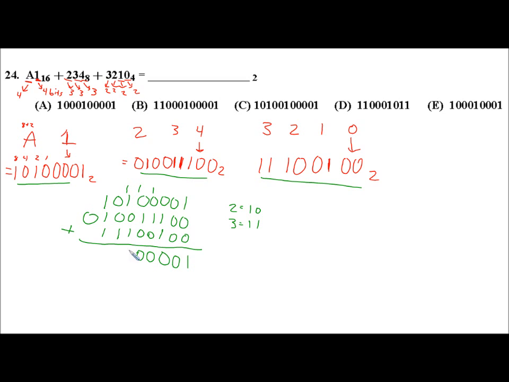And here we have 3, which is 1, 1. So we're going to count 1 down here, also carry a 1. 1 plus 1 is 1, 0. This gives us the quantity of 4. 4 again is 1, 0, 0 in binary. So 1, 0, 0 is the last digits that we write. This is the sum in binary, and that is answer choice A.